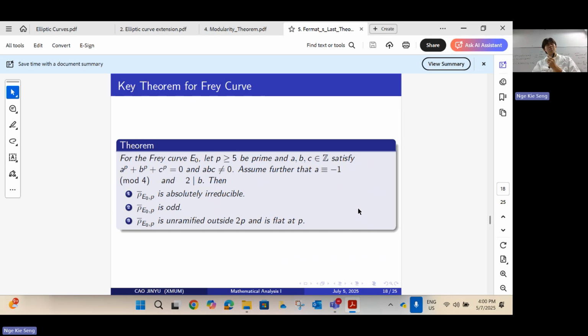Not a random rho. What I mean is, what kind of representation? Any representation? A specific one. Yeah, I think you should define what this rho is.